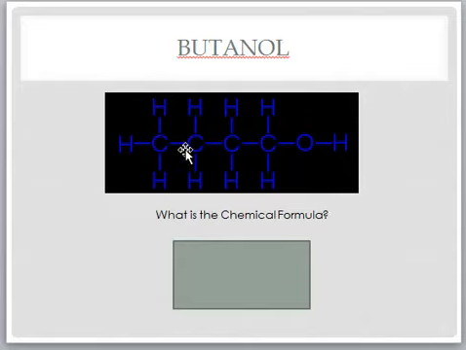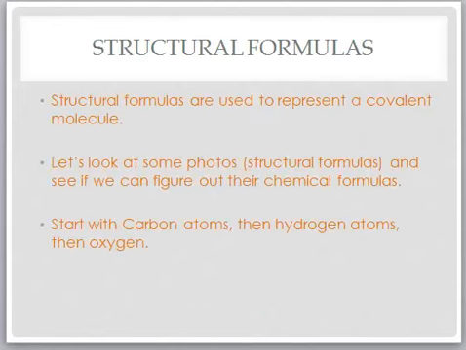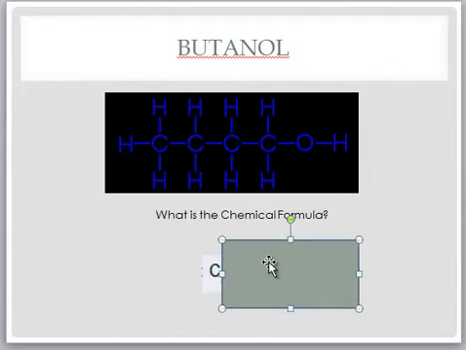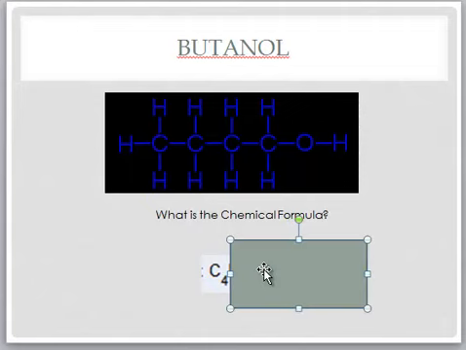You can see there are carbon atoms, hydrogen atoms, and oxygen atoms. What was it that we said we had to start with? What goes first? Okay, that's right, yep. Carbon atoms. So let's count the carbon atoms. 1, 2, 3, 4. So we know that there are 4 carbon atoms. So that goes down first.